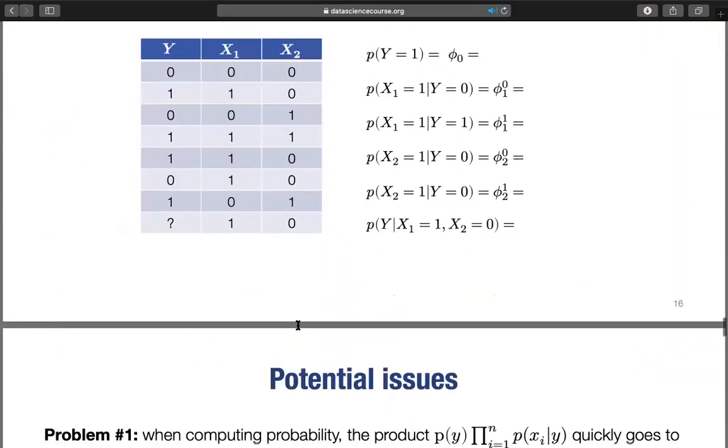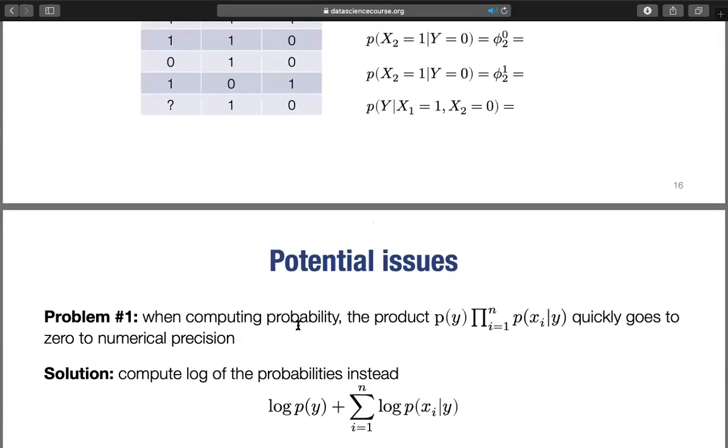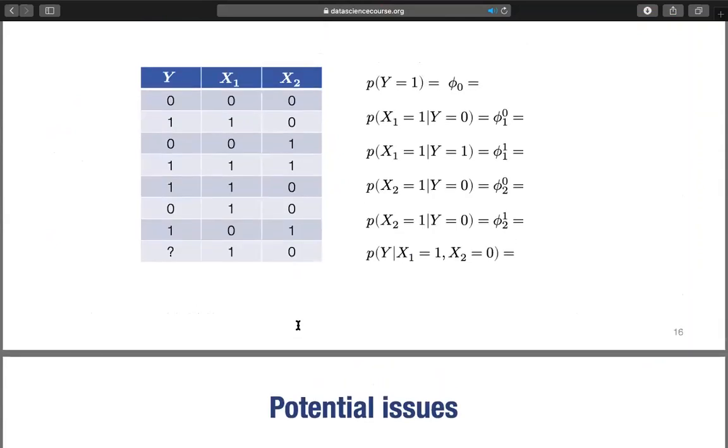Yeah. Okay. I have a question. The first probability, of y equal to 1, is equal to the formula we used, P over P plus Q, right?